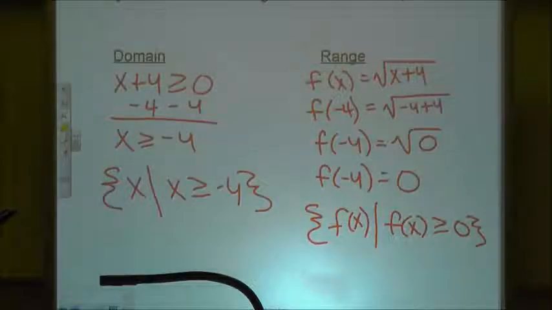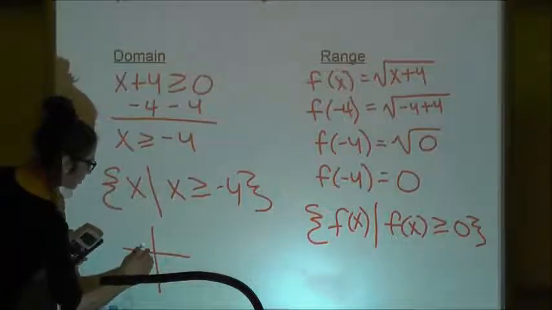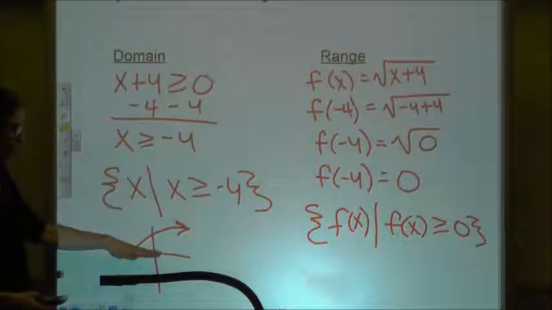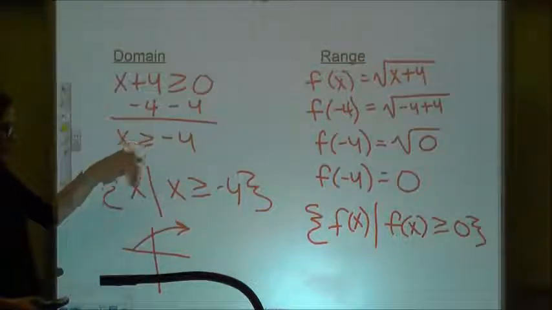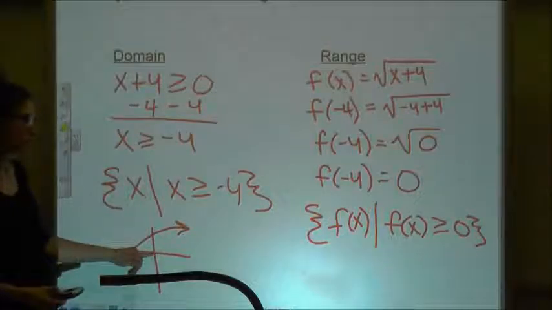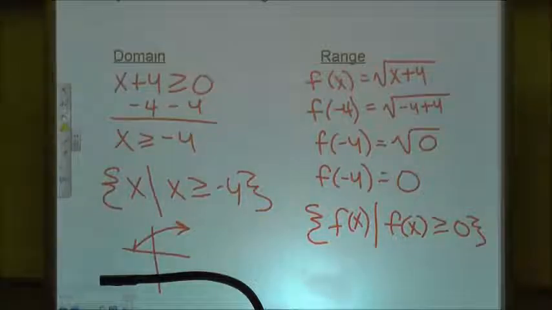If you hit graph, the graph looks something like that, right? It's a little skinnier, but it looks like that. For your y values, every single one of them is going to be greater than or equal to 0. You're not going to have any that are left. Make sense? So that's why it's greater than or equal to 0. Does that answer your question? Okay.